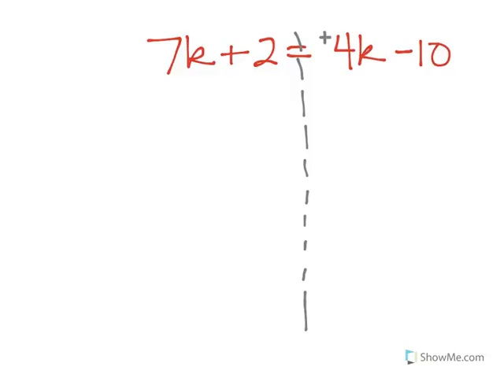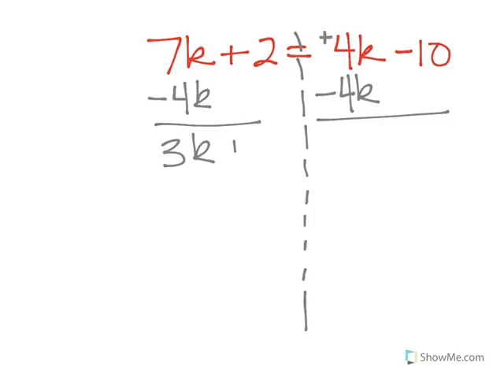Since I have a positive 4k, I'm going to undo that by subtracting 4k. And what I do onto one side, I do onto the other. And so now I have 3k plus 2 is equal to minus 10.